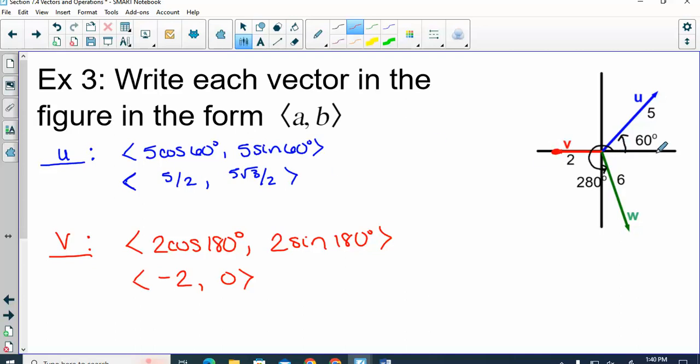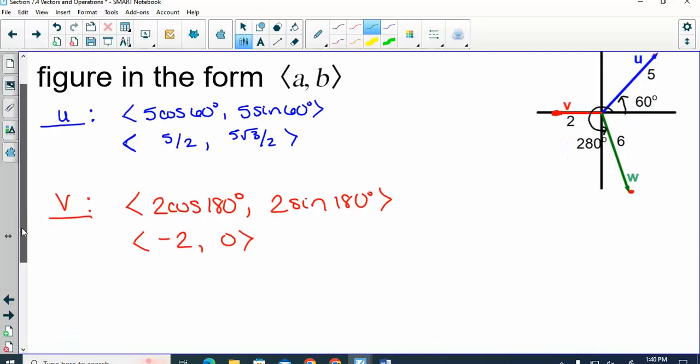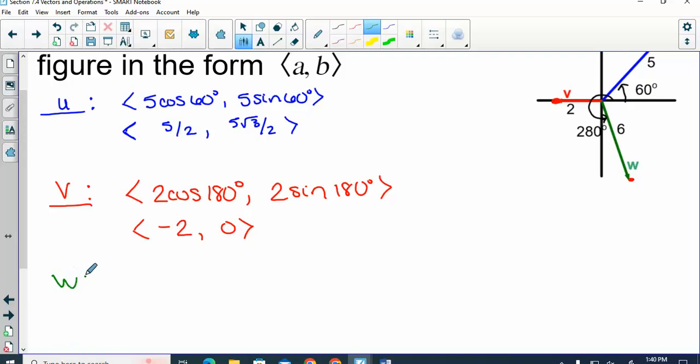You know, this one is at 5/2, 5 radical 3 over 2. So here, I'm essentially asking you to find what's that endpoint. So for vector W, what is the magnitude? Times the cosine, what's my angle?